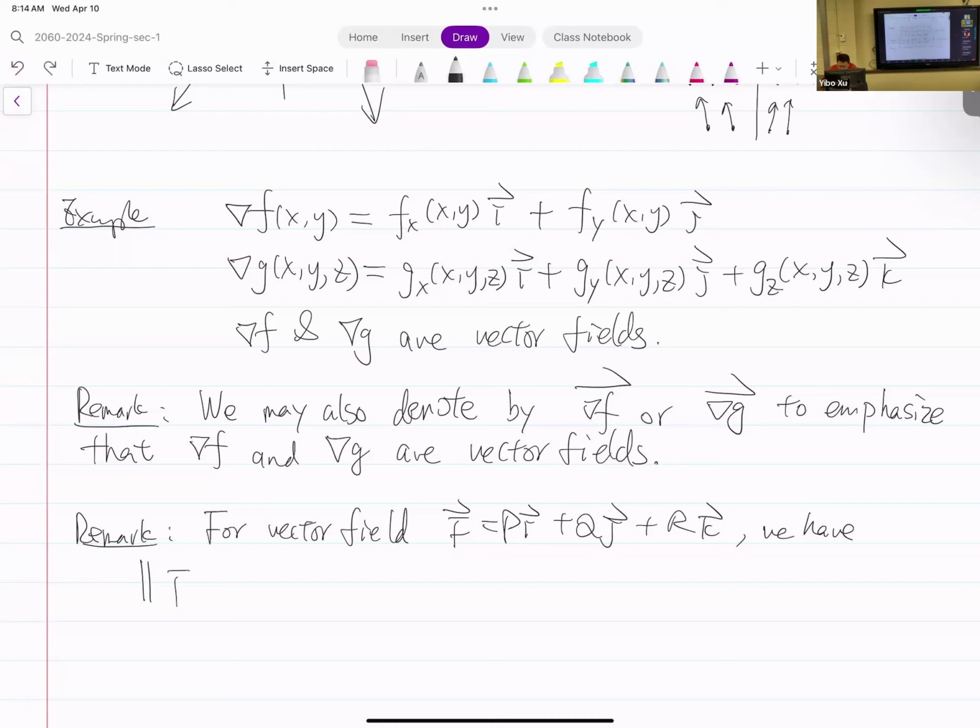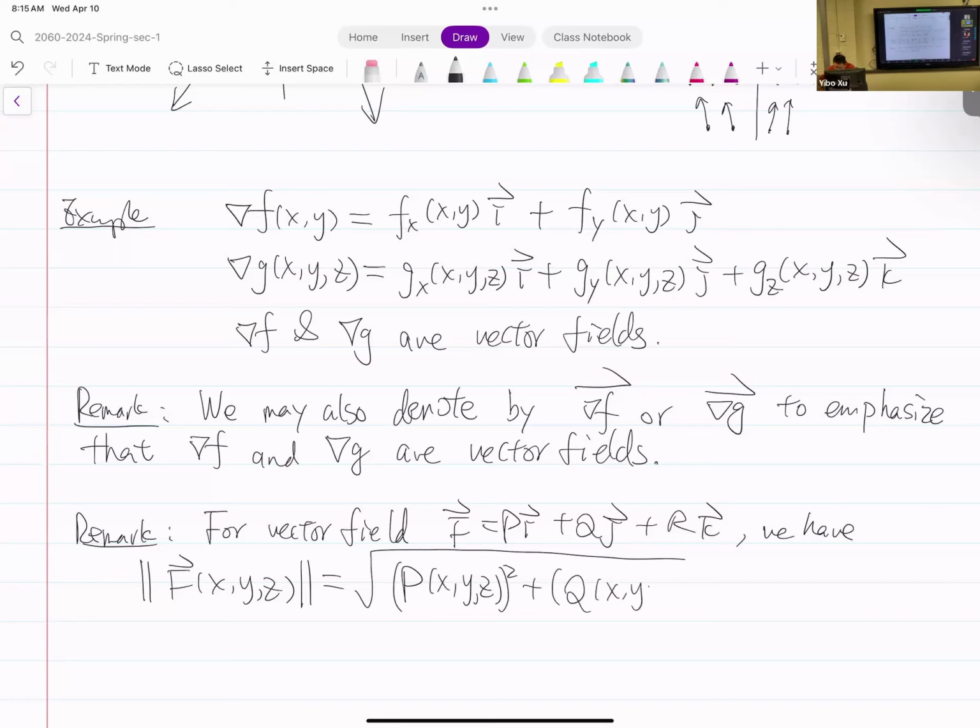So the magnitude of the vector field is just going to be the radical of the components squared. Right? P squared plus Q squared plus R squared.